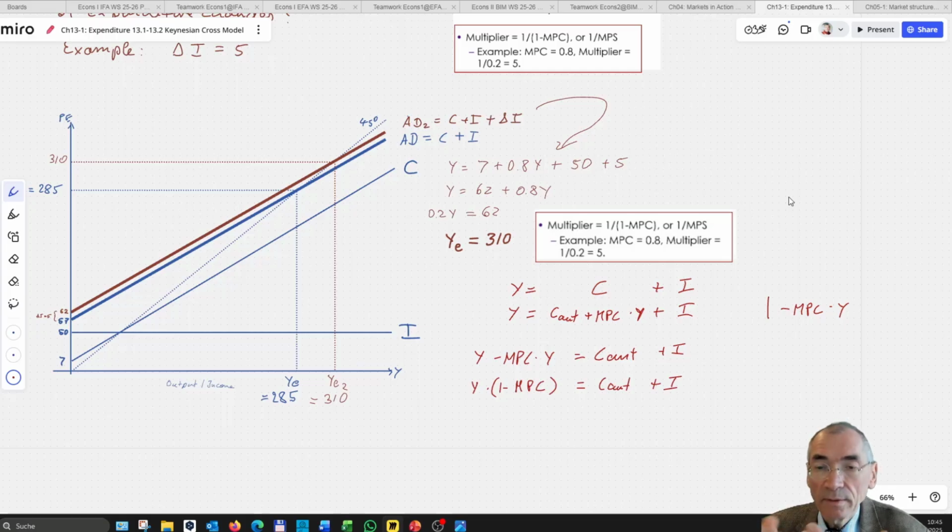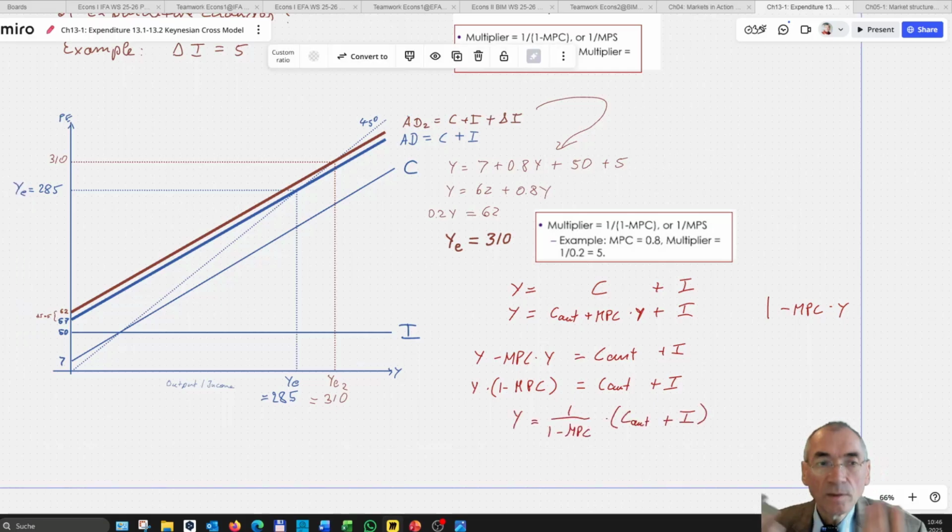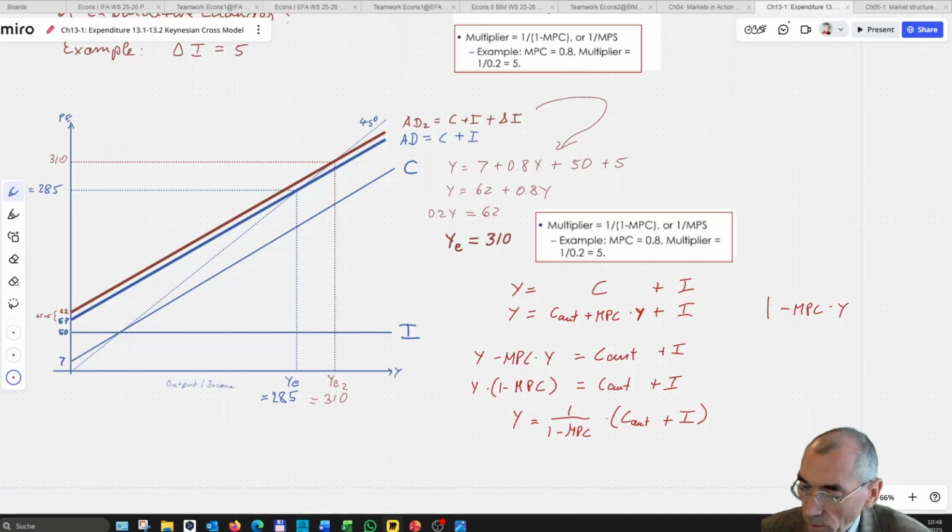And this is now a part that we can bring to the other side by dividing both sides by 1 minus MPC. Dividing by 1 minus MPC means we can multiply with 1 over 1 minus MPC. And this is now what we call the multiplier, 1 over 1 minus MPC.